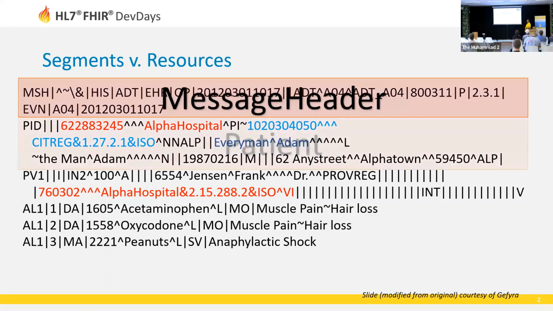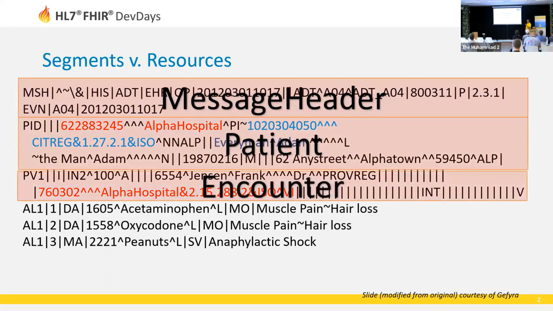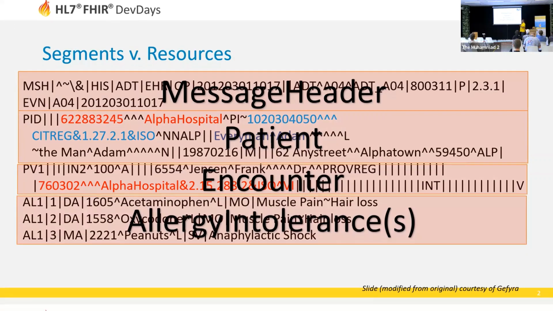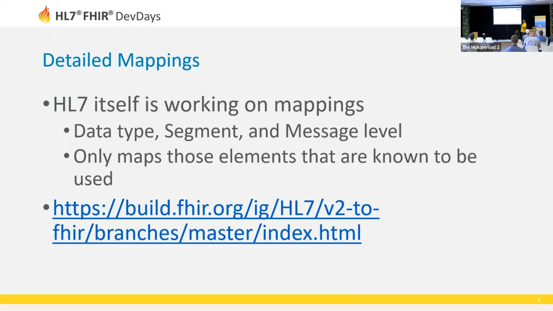Message header resource, patient resource, an encounter resource, and a couple of allergy intolerances. Hey presto, a bit of field mapping, done. Cool. If you still think that at the end of this presentation, then I have failed to communicate the key points, right? So at this level, it looks relatively easy, but it isn't.